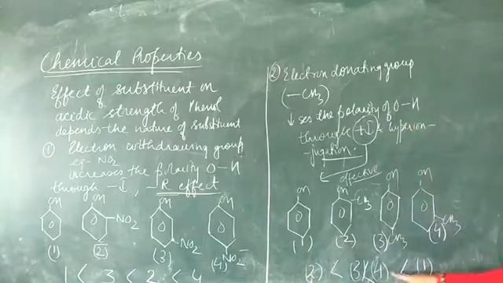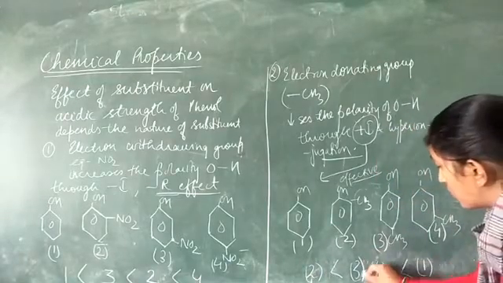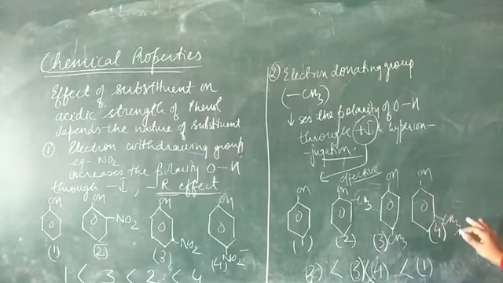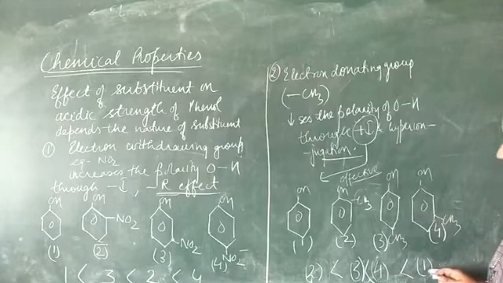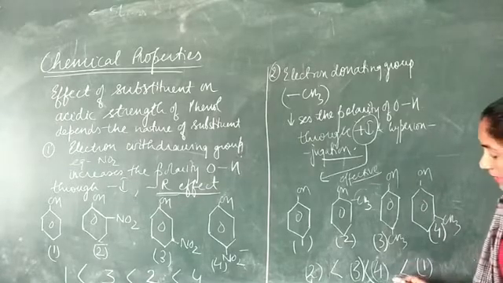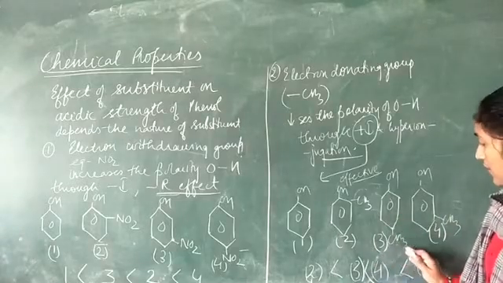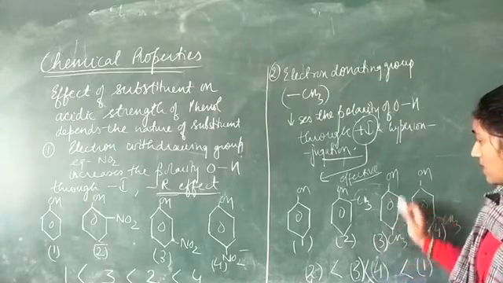So here, student, if we see this one, the phenol which doesn't have any electron donating group will be the stronger acid, followed by the meta one, right? And then comes the para one, where the electron donating group is present far away.